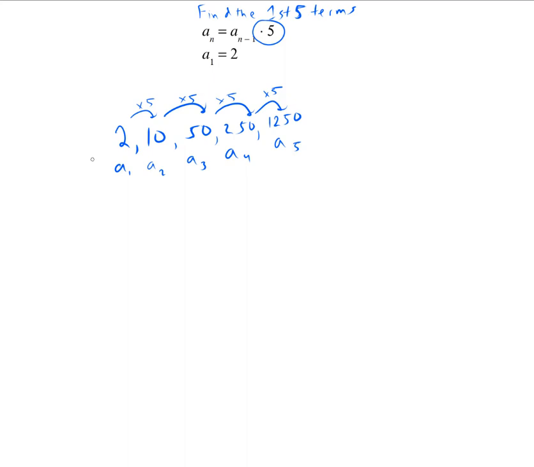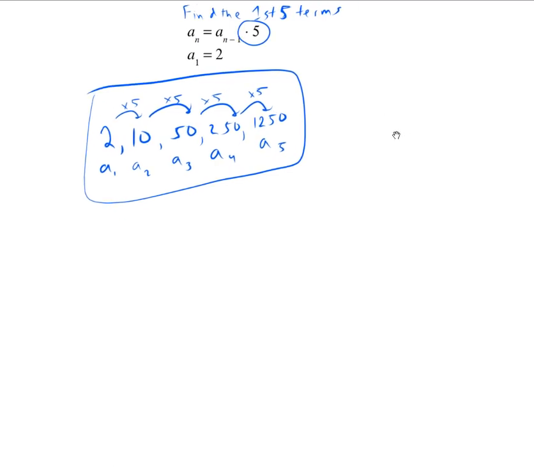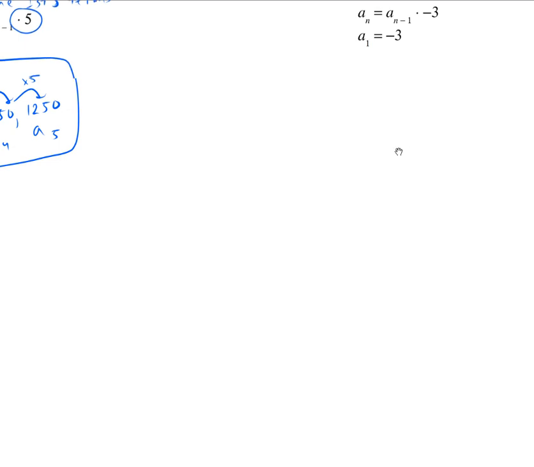So these are my first 5 terms in the series, or in the sequence. So this is my answer right here. If I want to make it pretty, I'd just have the 2, 10, 50, 250, and so on and so forth. I just do it like that. We're good. All right, let's go ahead and try another one.